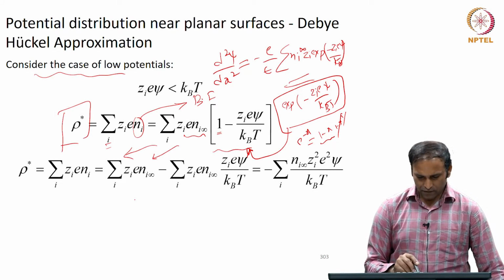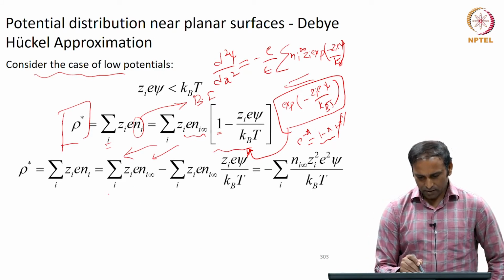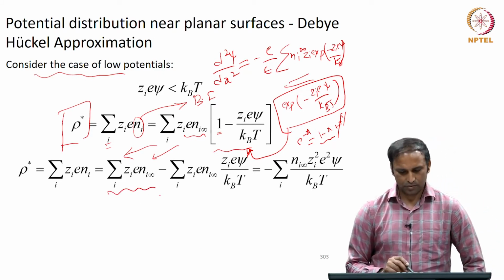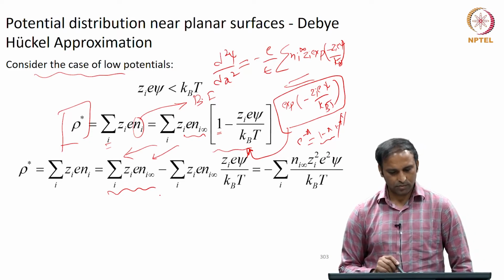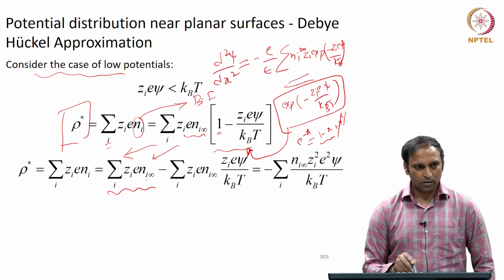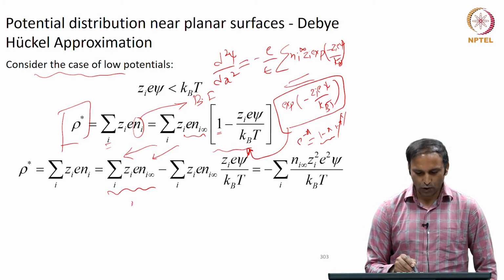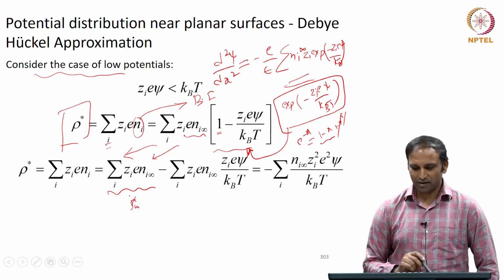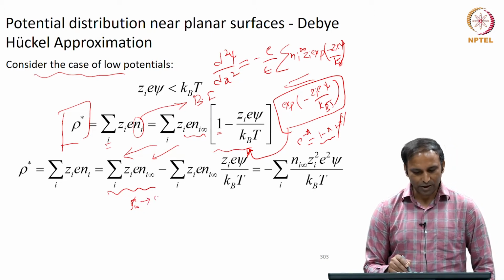Now, if you look at this term, what can you say about this term? In a way it's rho star infinity, right? In a way it's rho star infinity, and rho star infinity is actually 0, right?